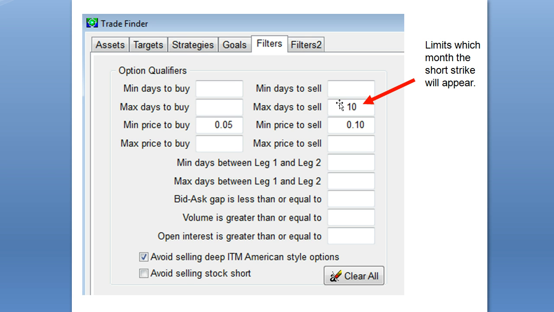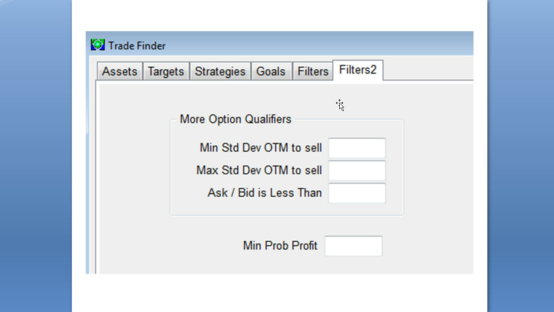So I want to focus the short strike in the front two expirations. You may want to try and limit it just to the very, very front one. But again, go ahead and experiment with inputting different numbers there, and you'll kind of see how it does affect the Trade Finder results. All right, let's go to the next filters tab right there.